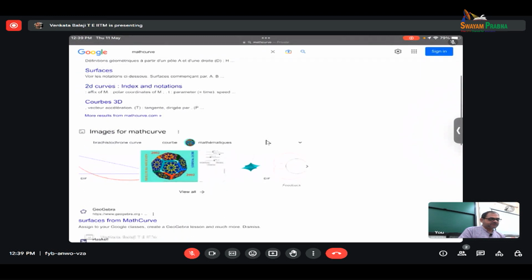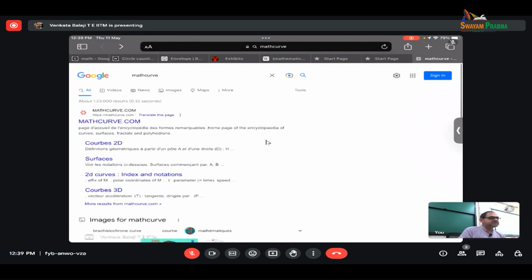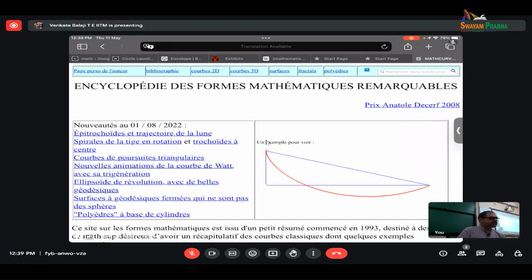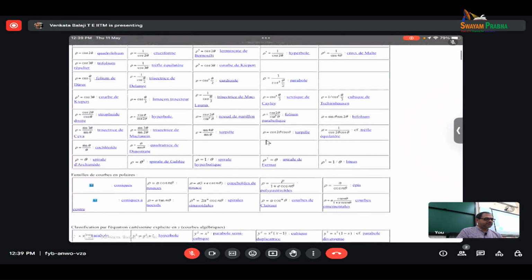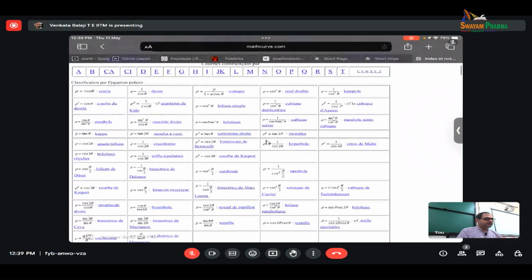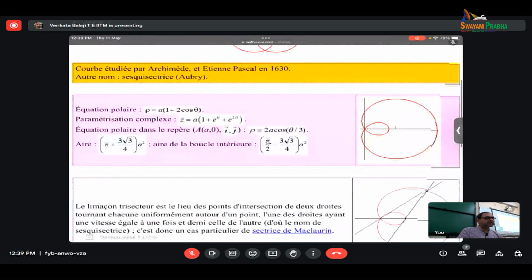Anyway, you just look at MathCurve. There are 2D curves, and a whole bunch of curves. If you draw anything like this, this is the Limaçon of Pascal.